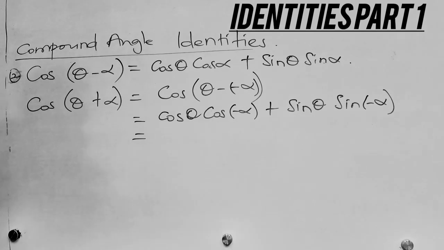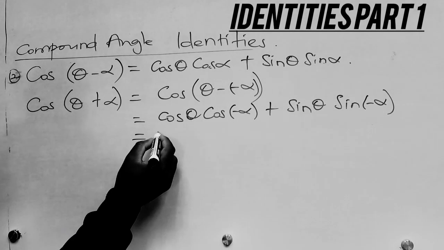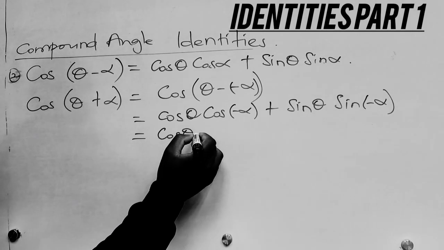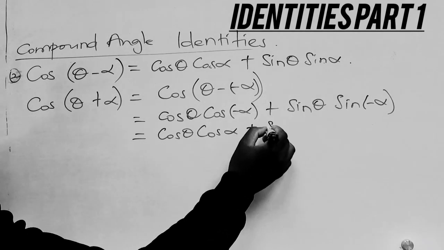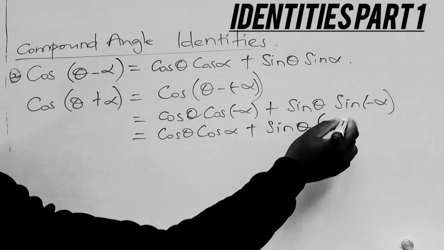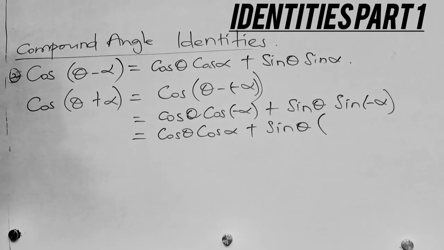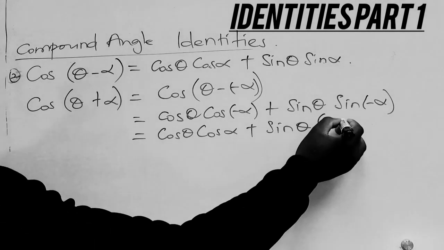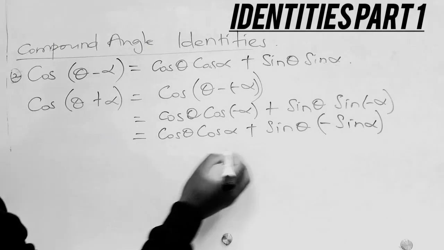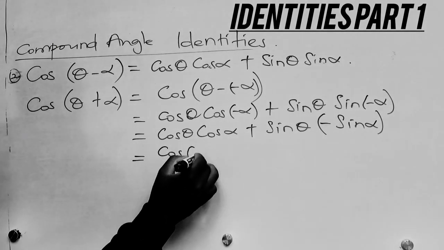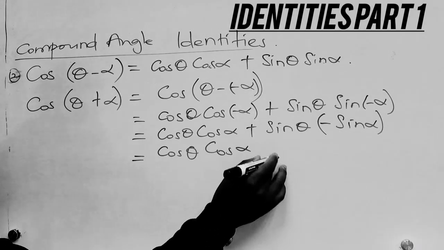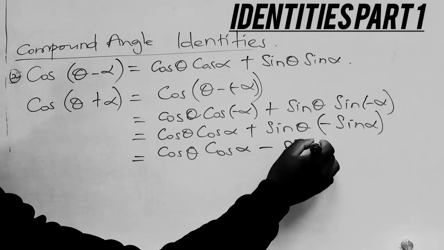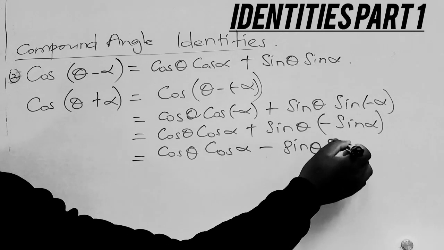Cos negative alpha is in the fourth quadrant, and cos is positive in the fourth quadrant. So this will be cos theta cos alpha plus sine theta, and sine in the fourth quadrant is negative, so it reduces to negative sine alpha. The result is cos theta cos alpha, and the signs simplify to negative sine theta sine alpha.